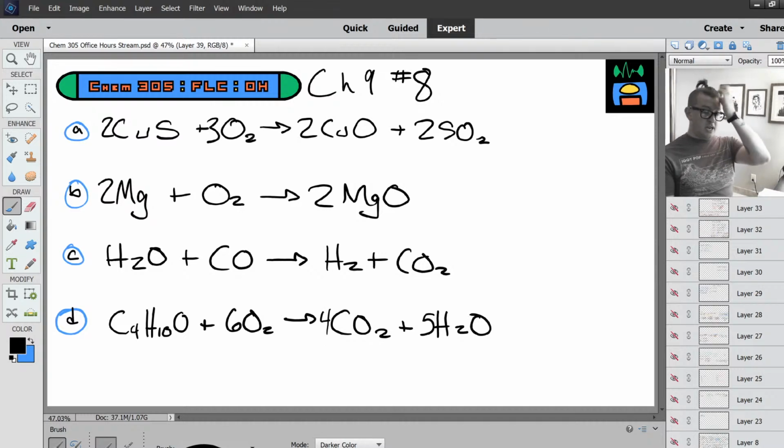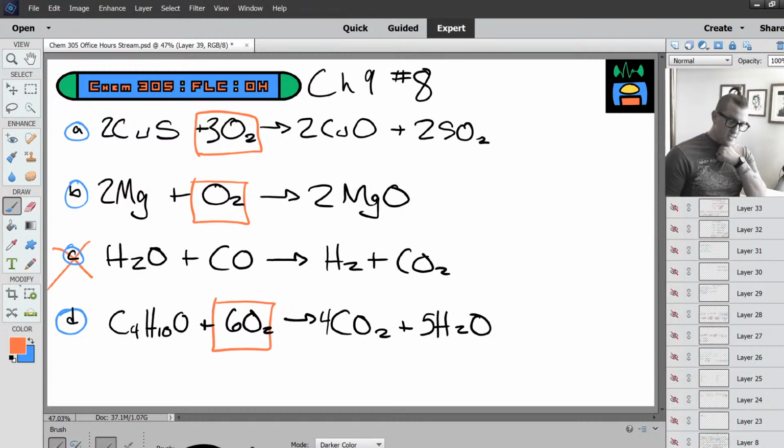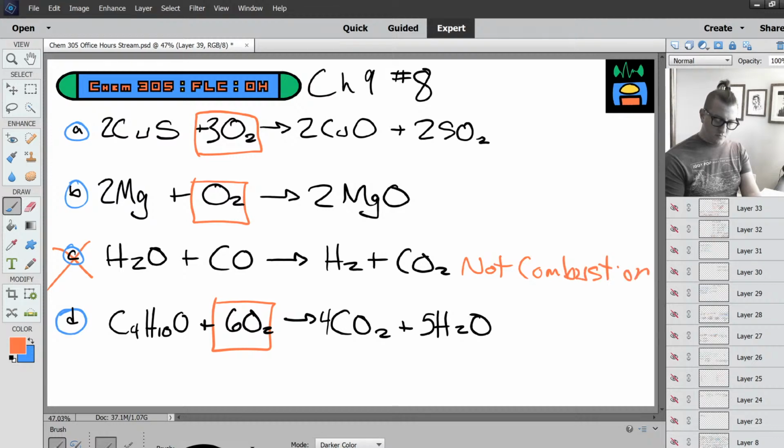All right. Now here's the thing. You have to have oxygen as a reactant for combustion, right? Automatically got to happen. So the only one that's immediately disqualified based on having oxygen as a reactant is the first one. So this one's not combustion. Then, in addition to having oxygen as a reactant, your products have to be oxides.